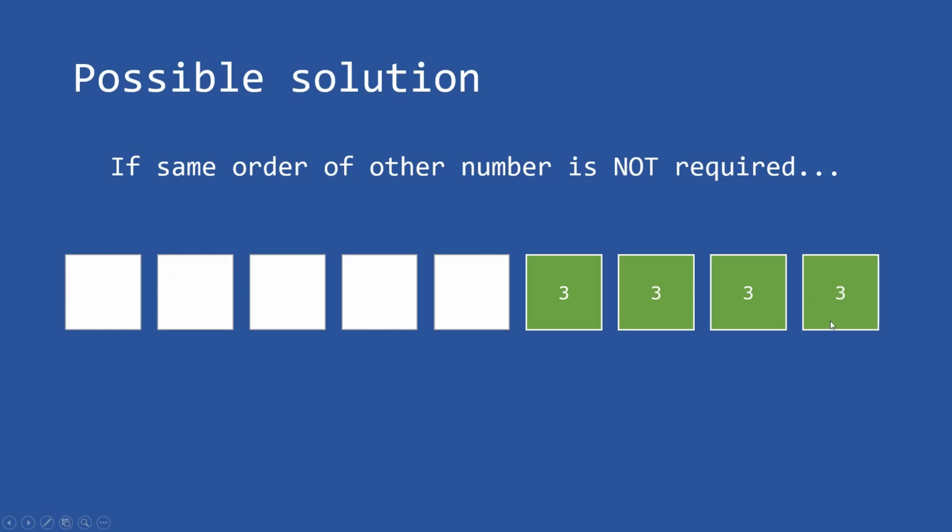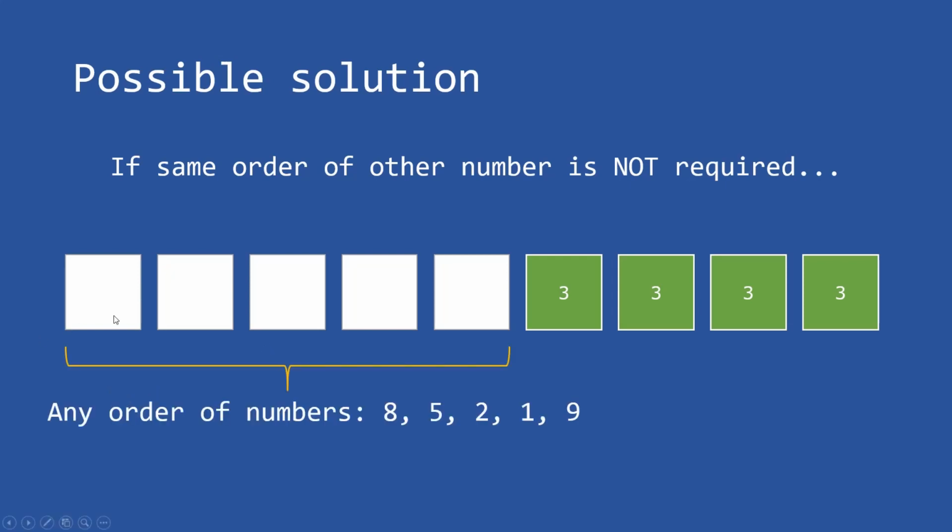But the numbers that are not 3, the ones we don't need to shift to the end, the relative order of those numbers can change. So this is one possible kind of solution.